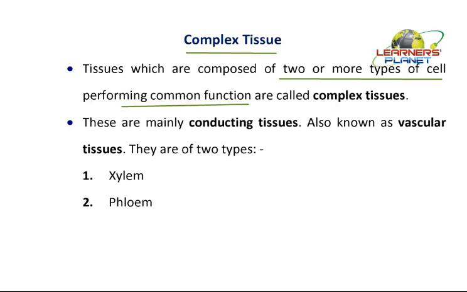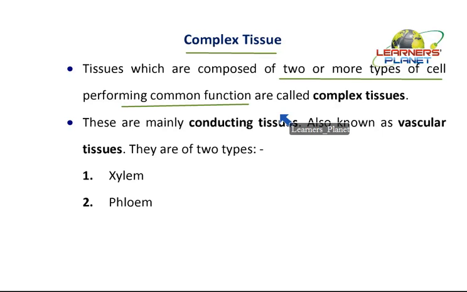Now in this case, we are defining complex tissues as what? A tissue which is made up of a group of different kinds of cells and they are performing the same function. So isn't it controversial? Don't get confused here with the terms similar and dissimilar.